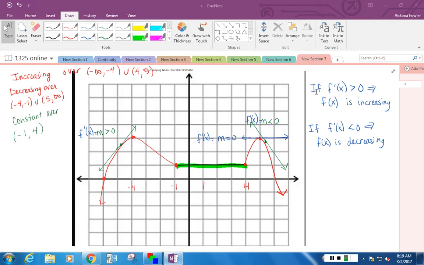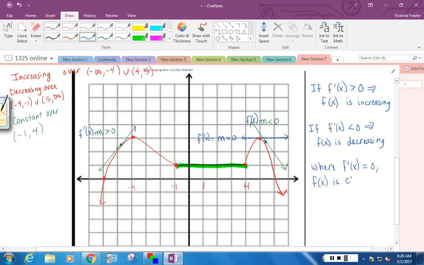We're saying if our derivative, or f prime of x, is positive, greater than 0, that means our function is increasing. And if f prime of x is less than 0, or it's negative, as we're seeing here, then our function is decreasing. Okay, where the slope m, or f prime of x, is equal to 0, that means our function is changing direction.